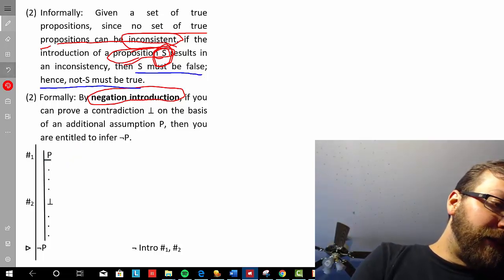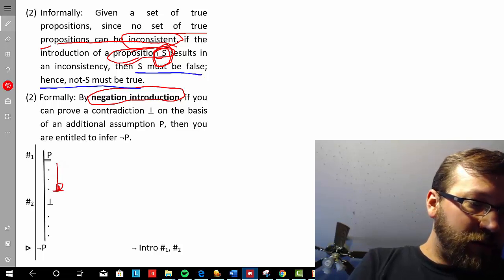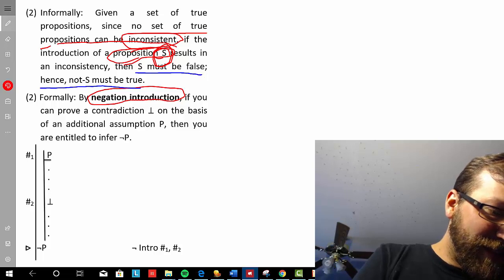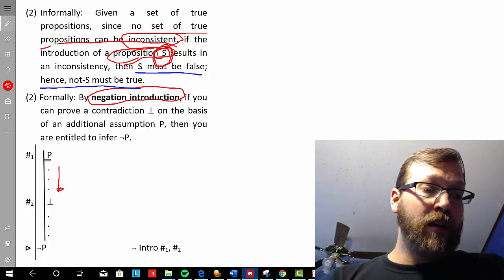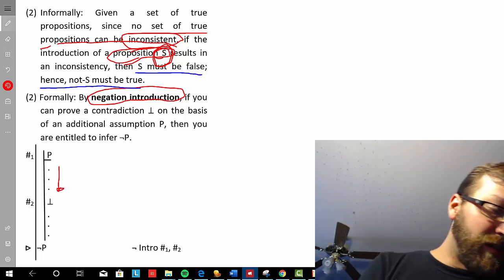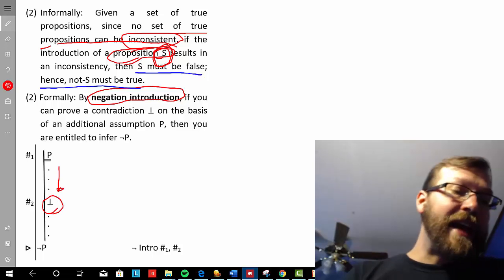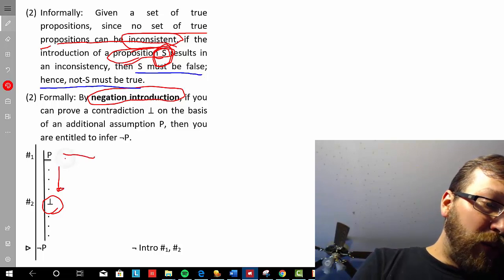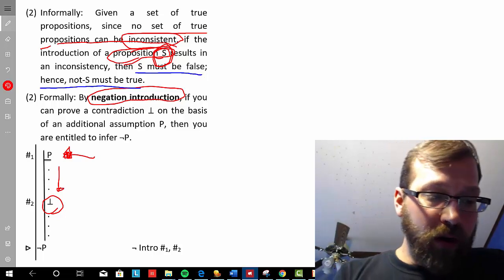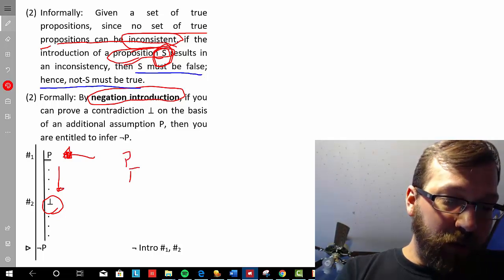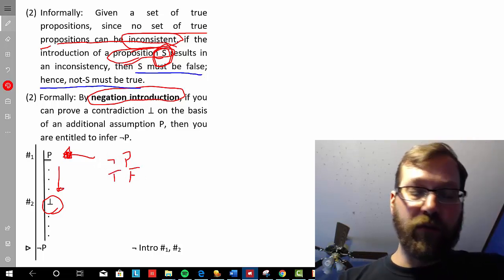And if after introducing that assumption we come across a contradiction, then we now know that we were wrong. And since we were wrong, that means P was false, which then means that not the case P is true.